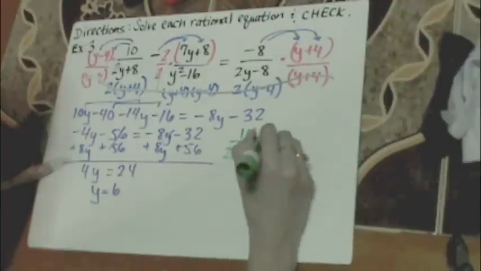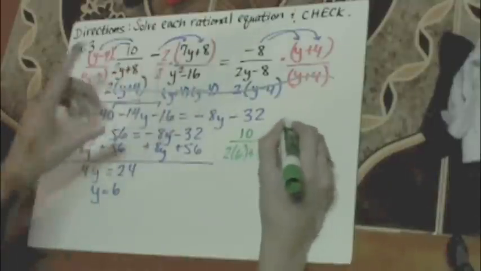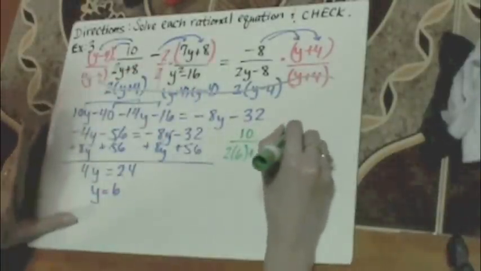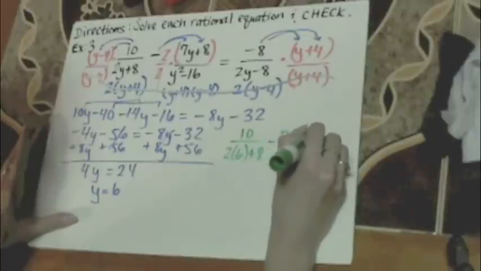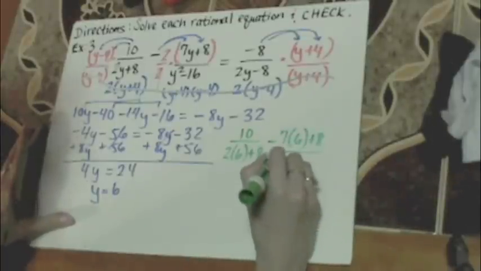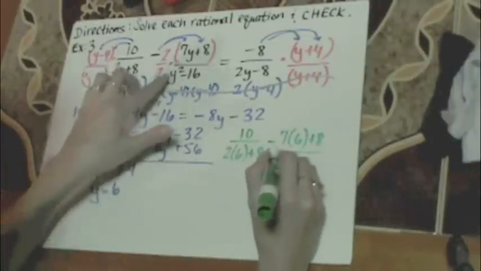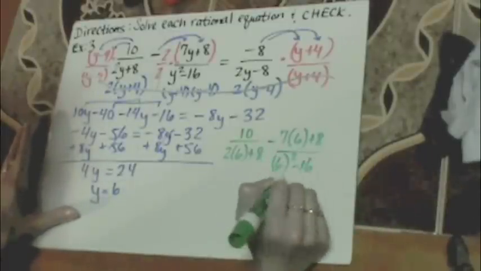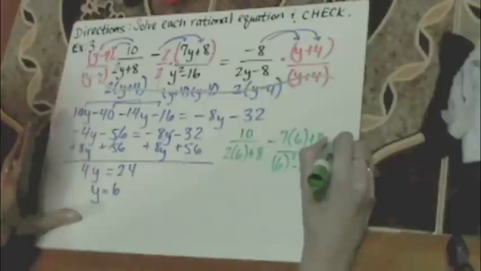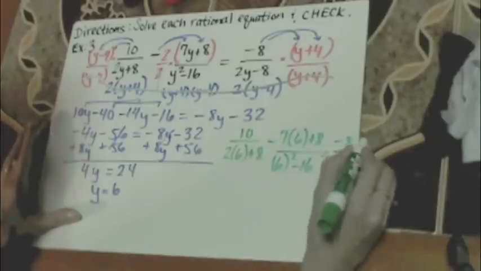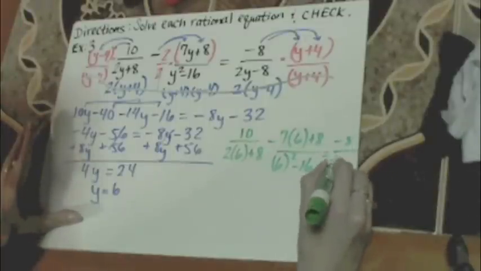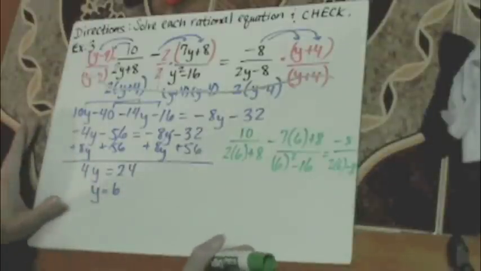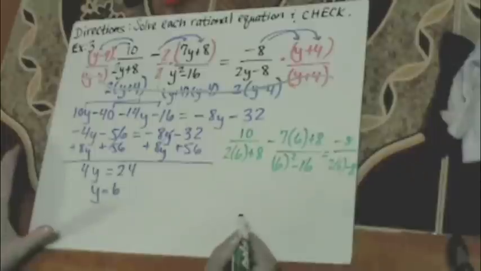So plus 8 minus, I'm looking at the black, so 7 times, put the 6 in with the y, is 6 plus 8 divided by, put the 6 in for the y, so I've got 6 squared minus 16 equals a negative 8, I don't know if this is going to squeeze in here, 2 times 6 minus 8. So I guess that's squeezed in there.